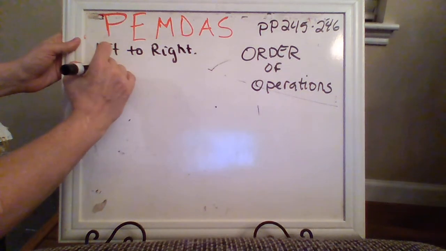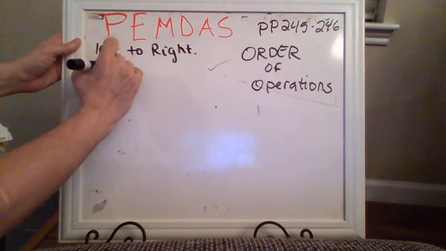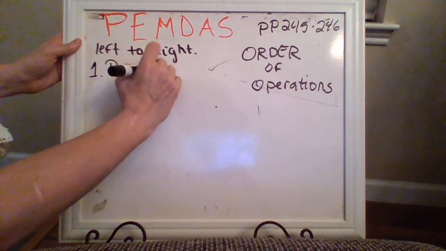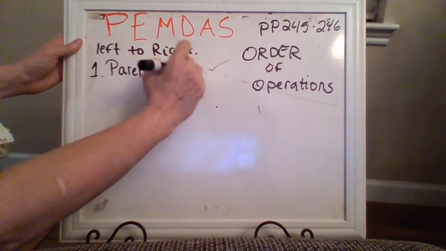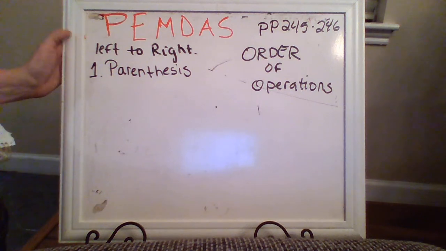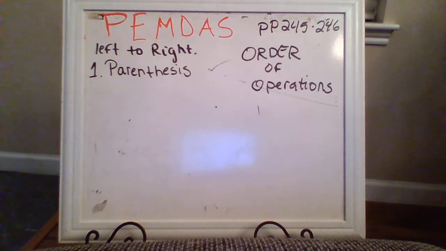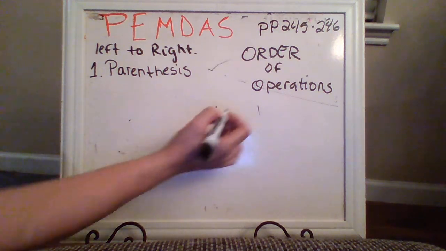The P is your first step. P stands for parentheses. All problems that have parentheses in them have to be worked out first before you can do any of the other steps. So if you're looking at 1A, the problem is 5 times (7 plus 2).